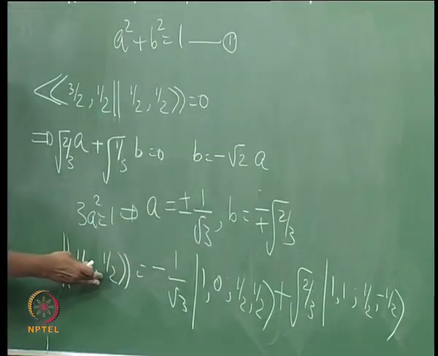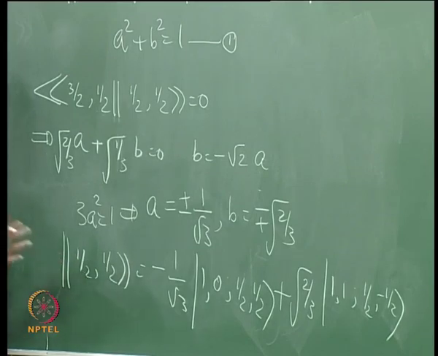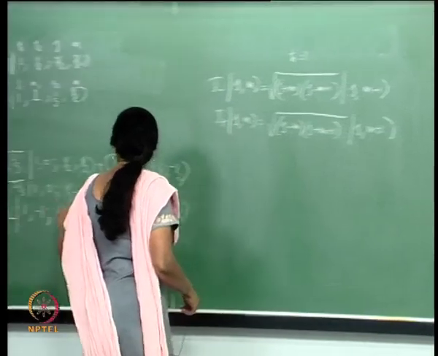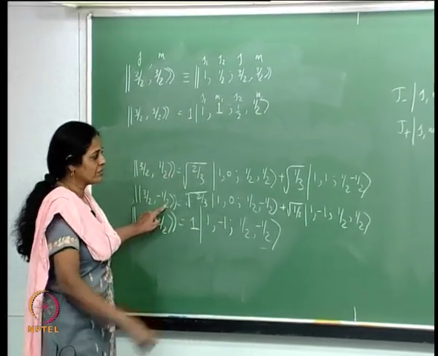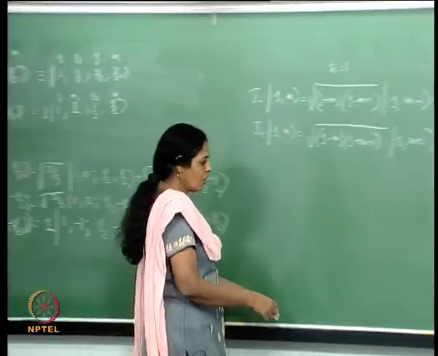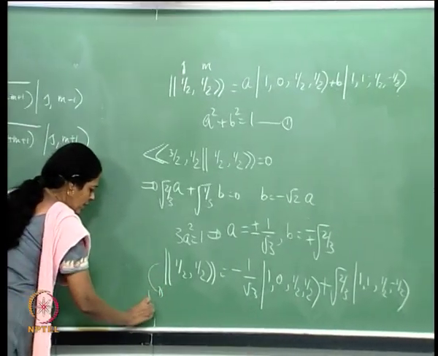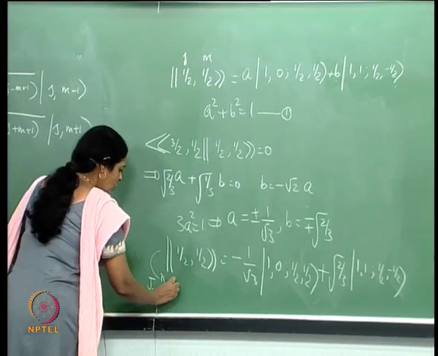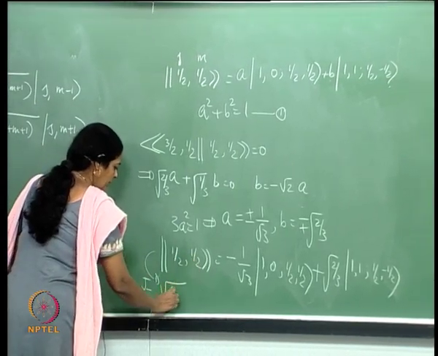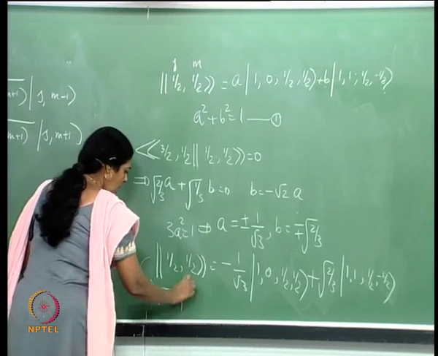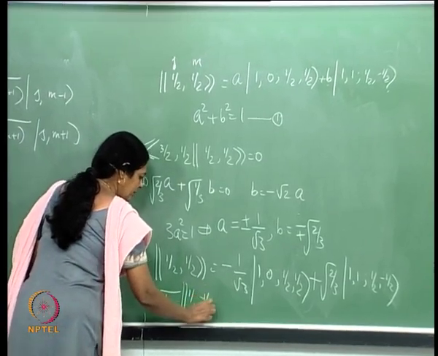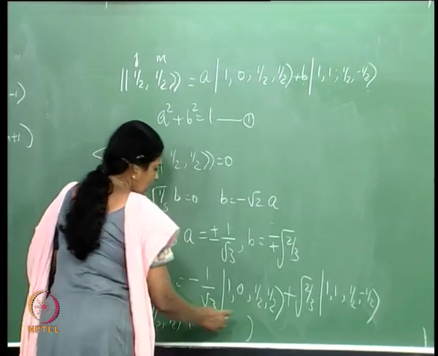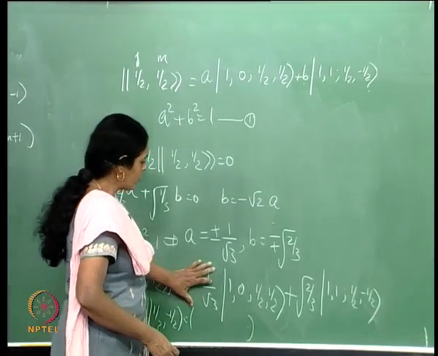We can get half comma minus half in 2 ways. We can use the fact that half comma minus half is orthogonal to 3 by 2 comma minus half and repeat the procedure, or we can use J minus on this and get half comma minus half. So that gives me half comma minus half, minus 1 by root 3 is fixed.